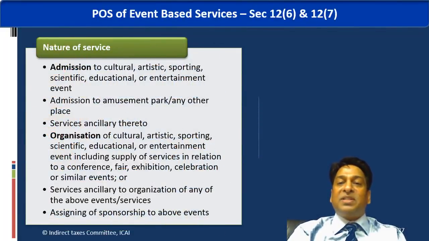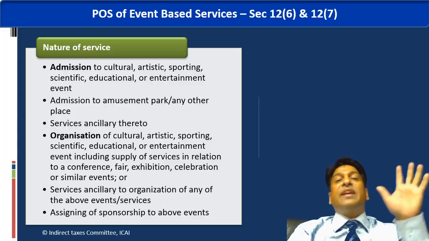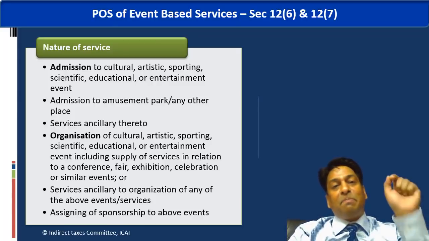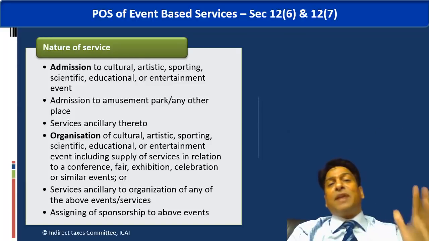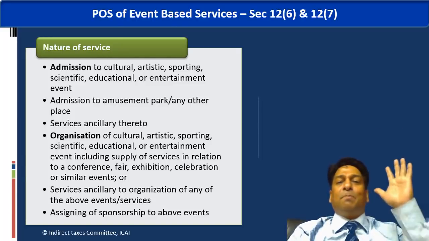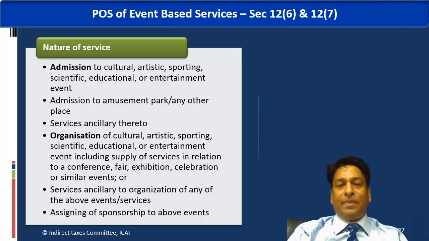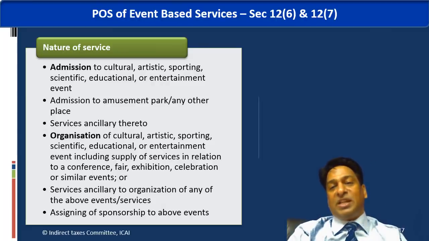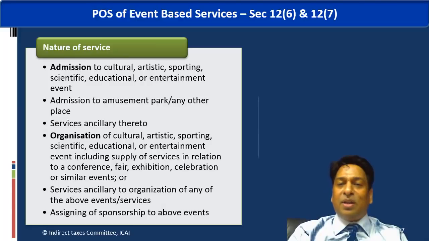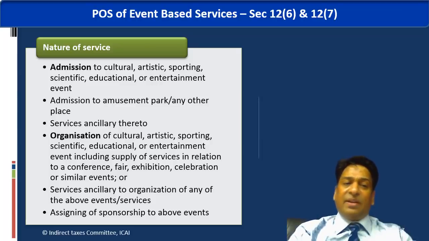Now let's move to section 12, subsection 6 and subsection 7. This is for event-based services. We have to identify the place of supply. Section 12.6 talks about admission to the event, and section 12 subsection 7 talks about organization of such events. Admission is to a cultural, artistic, sporting, scientific, educational or entertainment event.